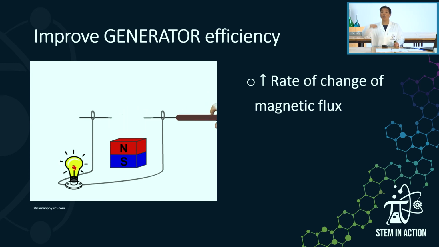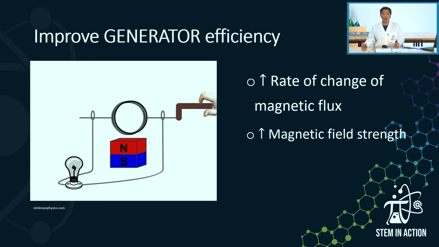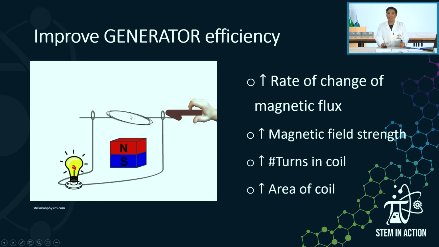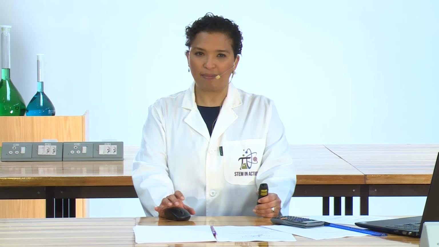What does that mean? We can rotate the coil faster. We could also increase the magnetic field strength by using stronger magnets. We can increase the efficiency by increasing the number of turns on the coil. And if we increase the area of the loop, that would also increase the efficiency of the generator.